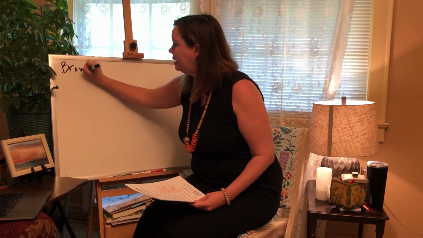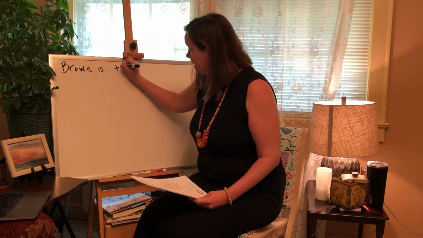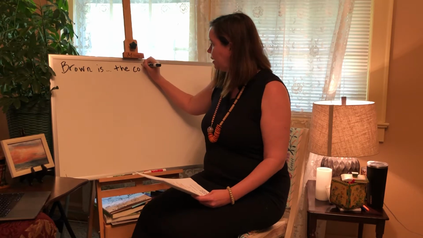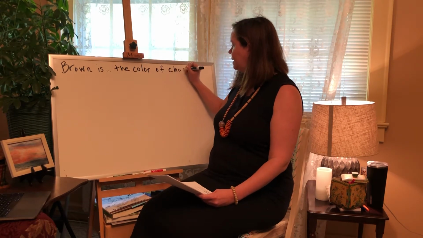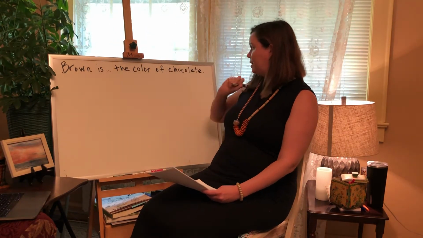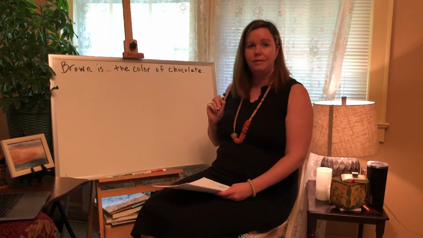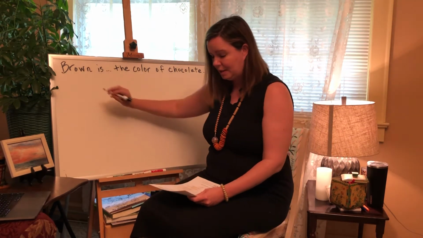So brown is the color of chocolate. And by the way, I will post all of these papers where you can see them on our private Facebook page, or I will send them to your parents.